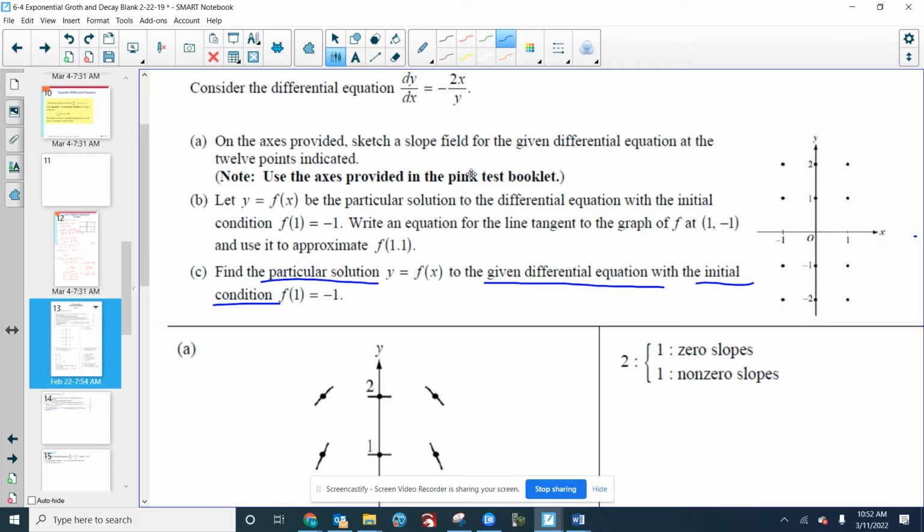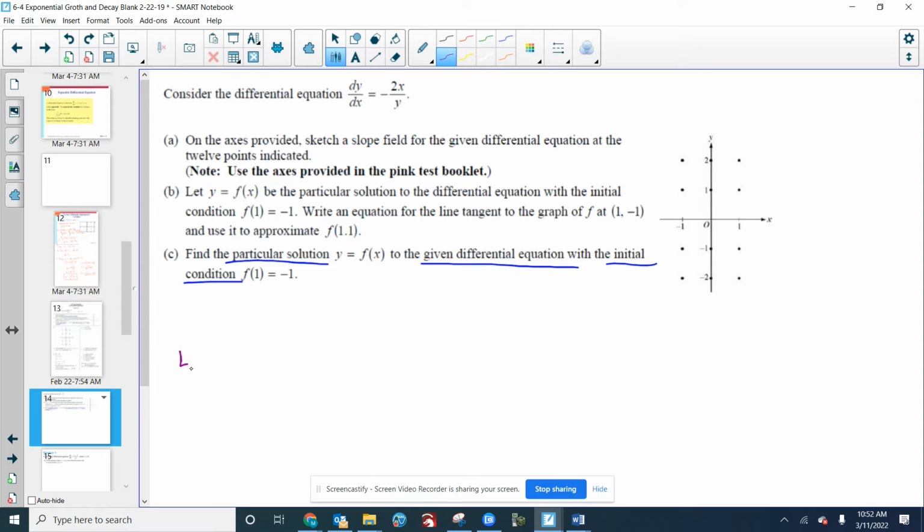Well, guess what? Isn't dy/dx going to be your slope? So plug in x. What's our point here? f(1) = -1. So (1, -1). 2 over -1, -2 times negative is +2 for the slope. Is that what you got?